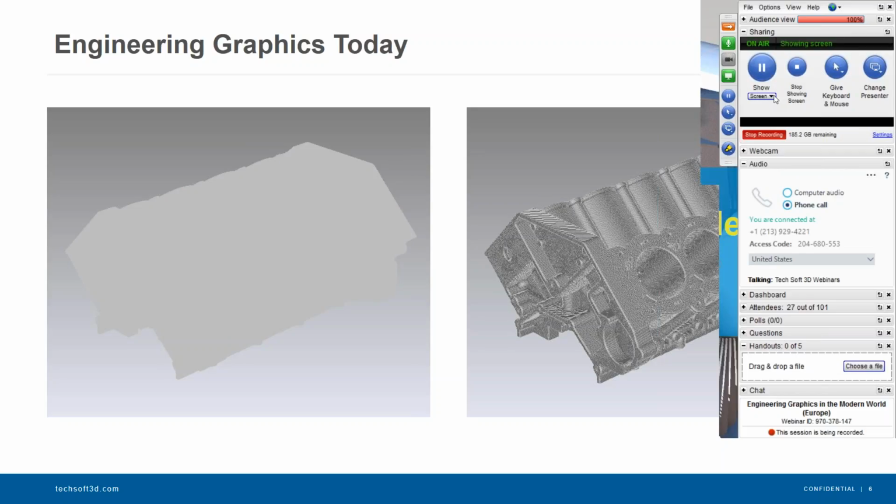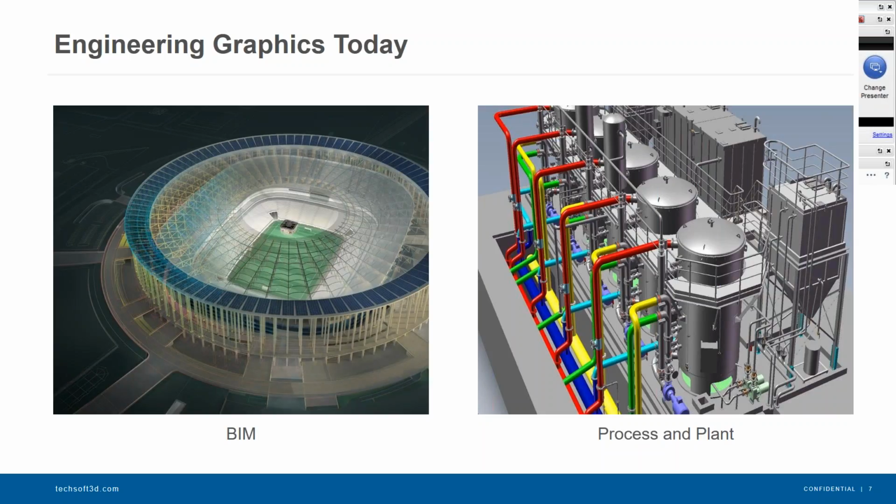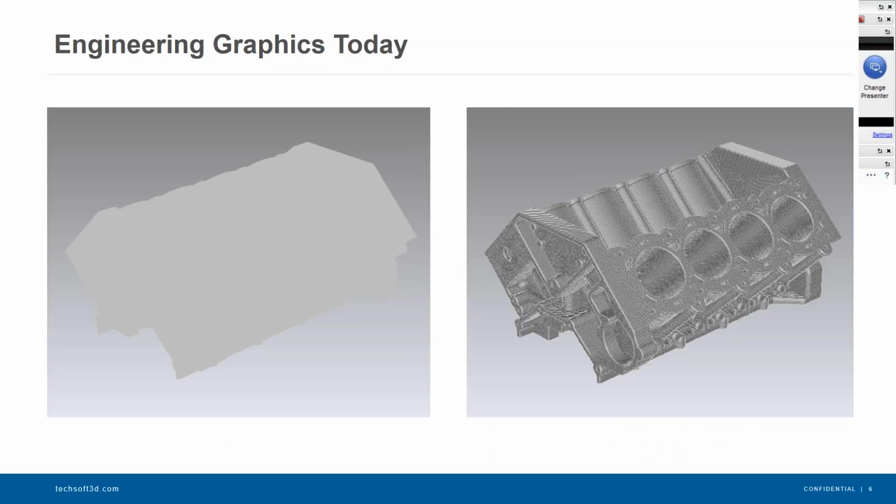So if you insert a light into a scene and you have a normal on your surface, the underlying hardware will automatically create a shaded 3D model. Well, one of the challenges with point cloud data is that generally it doesn't come with a normal, and so you can't do lighting. So your typical engineering graphics model is on the left side, this example where it's a solid model, and you can't really see any depth.